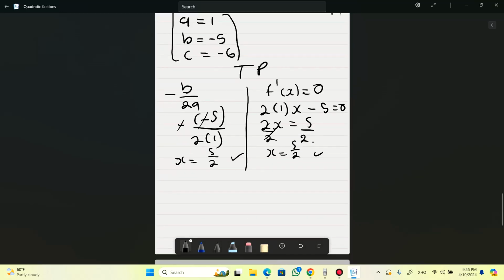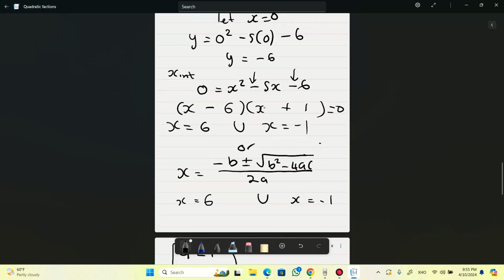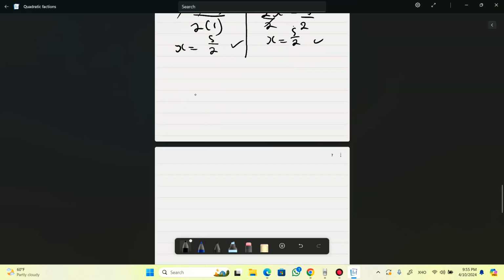So now I'm going to take this value and plug it into the original equation. So I will have 5 over 2 squared minus 5 times 5 over 2, and then minus 6, right? I should get my y value.